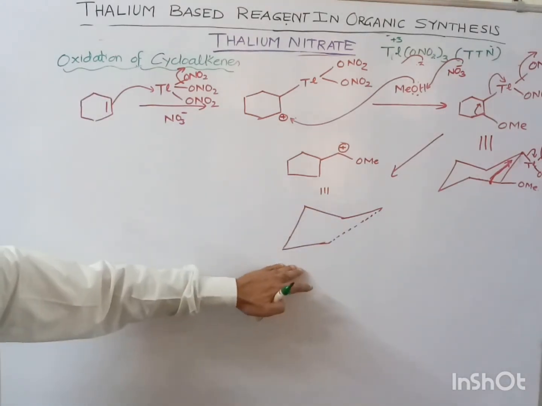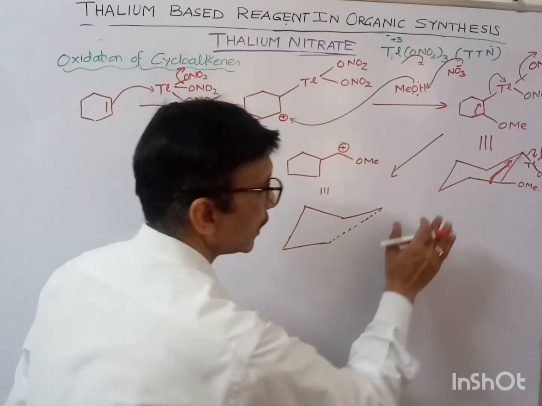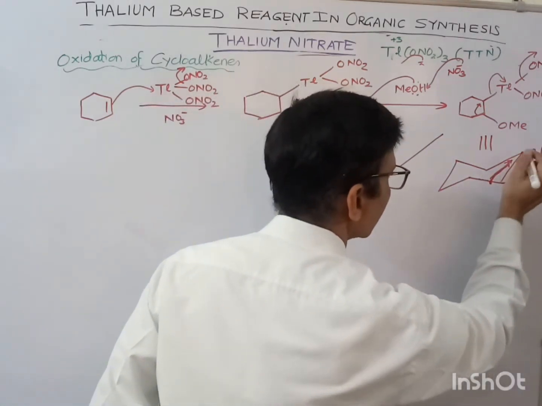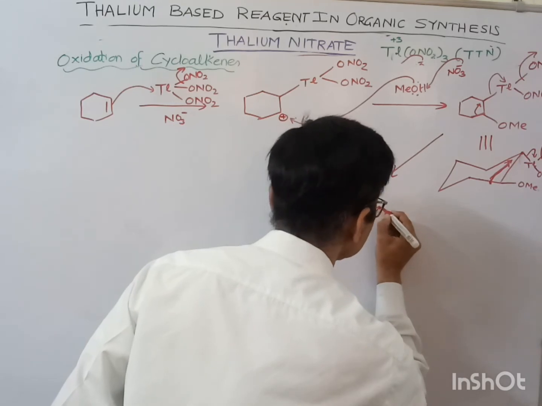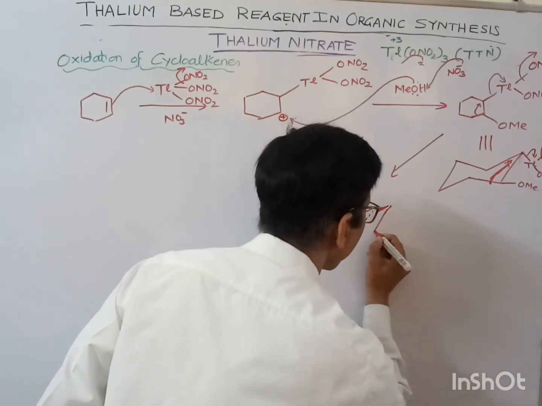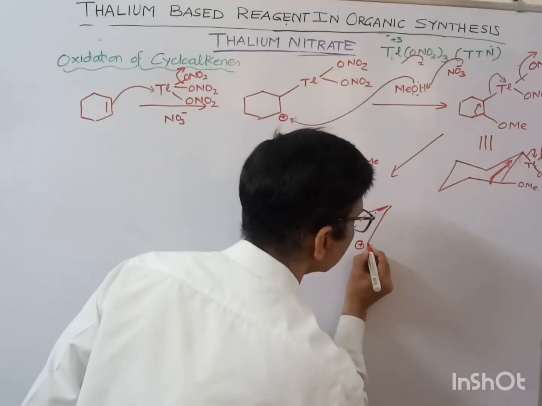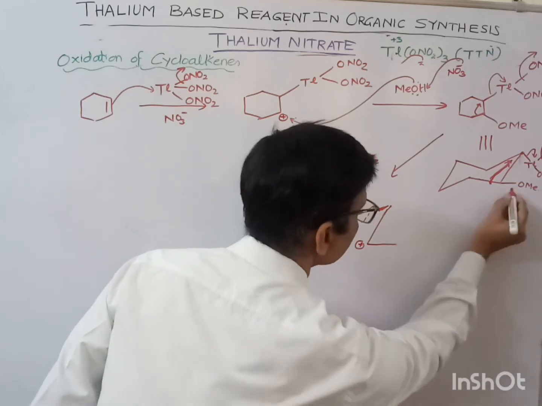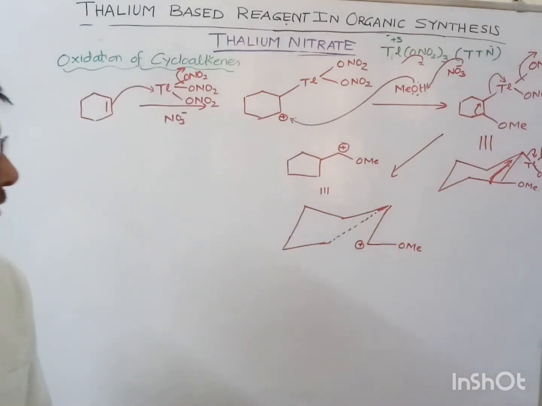This is like the envelope form, this chair form, then this is 5-membered envelope form, and the next one is your, and here we have the positive charge, and this is OMe. Clear?